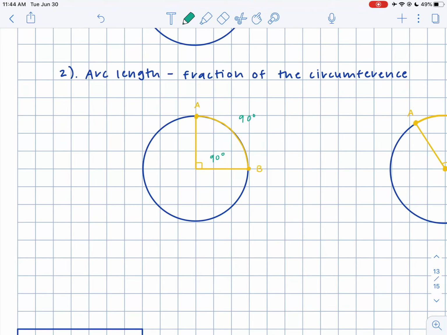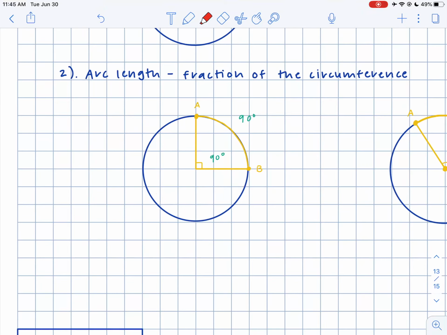Now remember, think back to the definition of an arc. It is just a part of the circumference, so it's actually a fraction of the circumference. Looking at the entire circle, you can see that arc AB makes up just 1/4 of the entire circumference, because here's one portion, a second portion, a third portion, and the fourth portion.